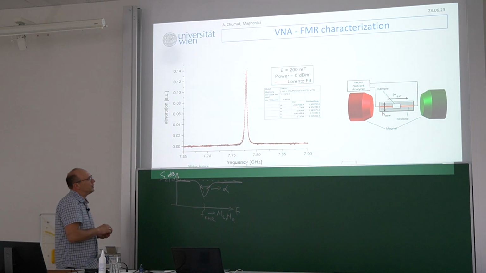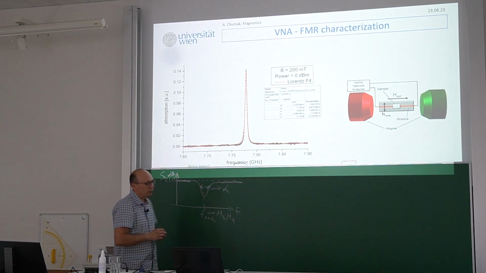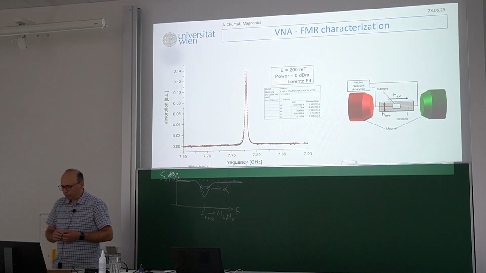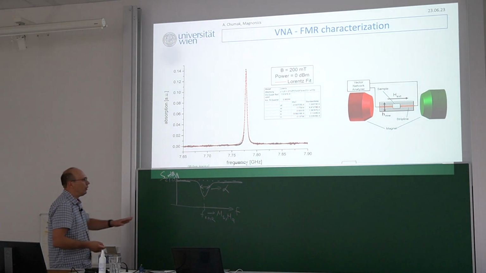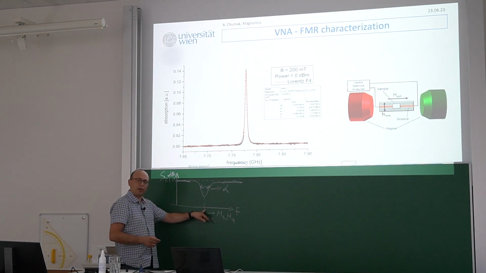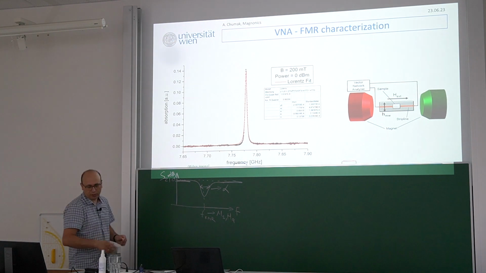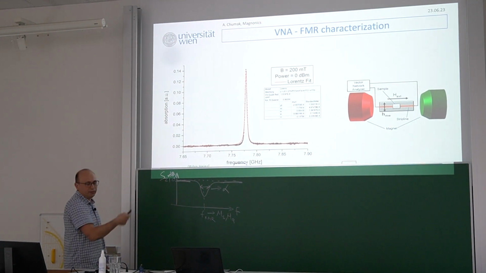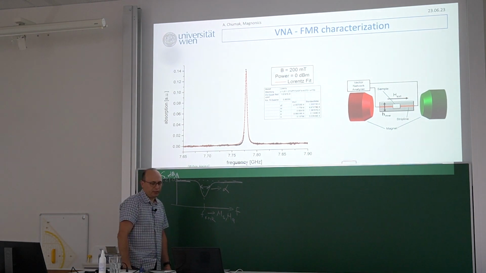This type of measurement is named broadband ferromagnetic resonance, because you can perform this for different frequencies. So for one field you have FMR here, you change for around 7 gigahertz, here you decrease the field, you will have it at 5 gigahertz, you increase the field, you will have it at 10 gigahertz.